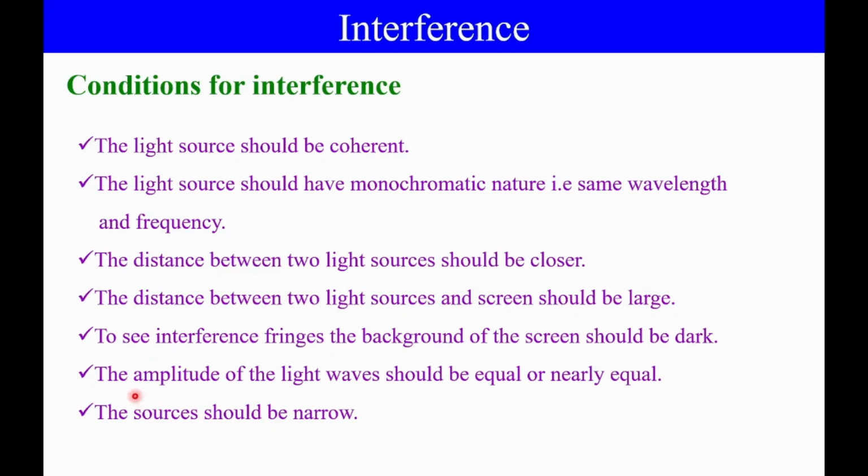Then another condition is that the amplitudes of the two light waves should be nearly equal or equal. The two light sources we use for interference should be narrow sources. This question is important for 2 marks questions in JNTU Anantapur affiliated colleges.